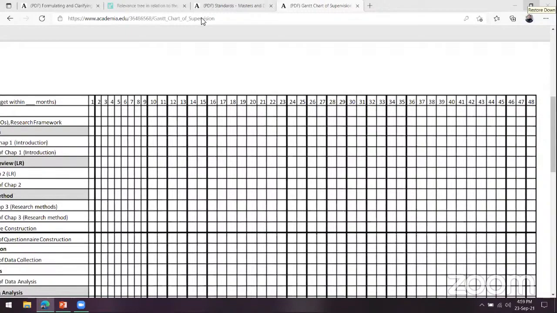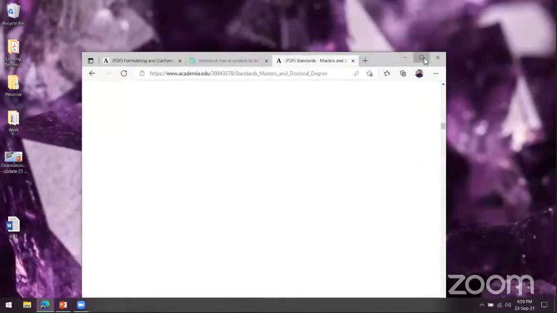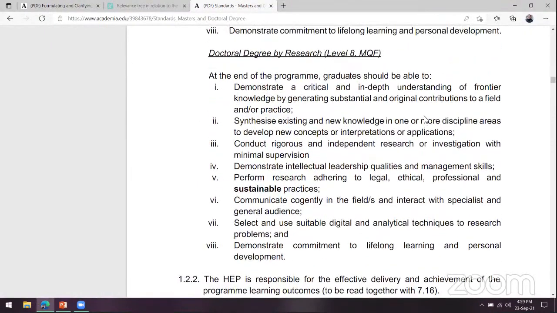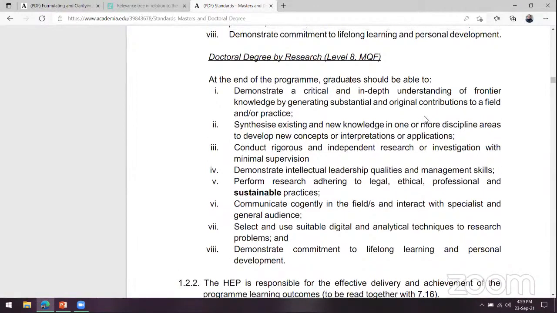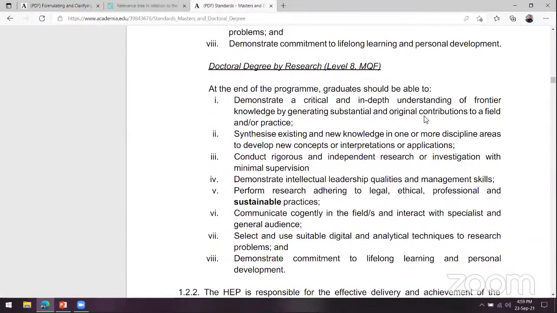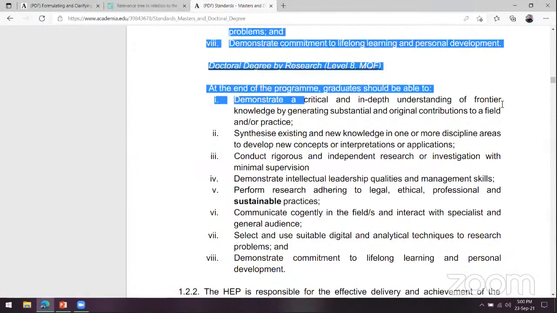The next one would be the PhD from the Malaysian quality agencies. As I say, it is not perfectly true, but at least it is something we can understand that guides us in terms of our research idea. For a doctorate by research, level 8 under the MQF, at the end of the program, the graduate should be able to show critical and in-depth understanding of frontier knowledge.